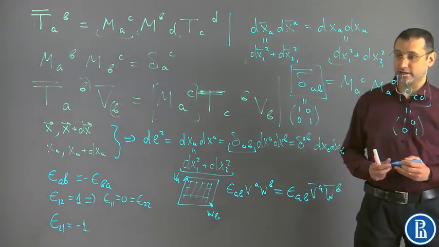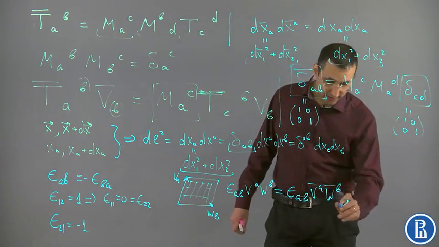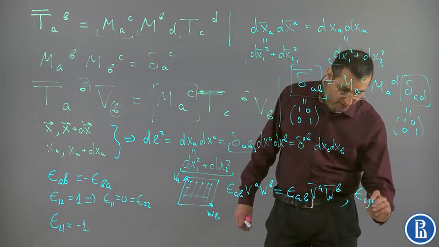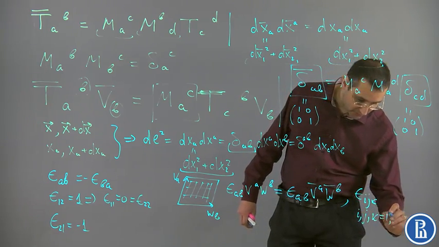Similarly, in three dimensions, we have the antisymmetric tensor epsilon_{ijk}, where i, j, and k run from 1 to 3.